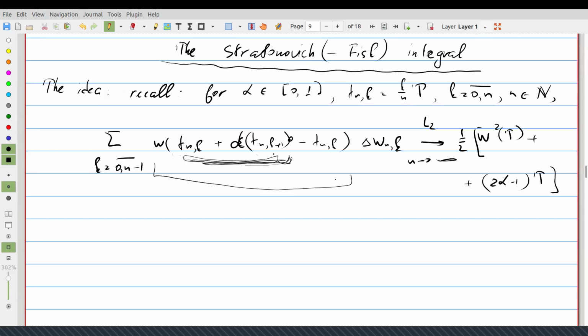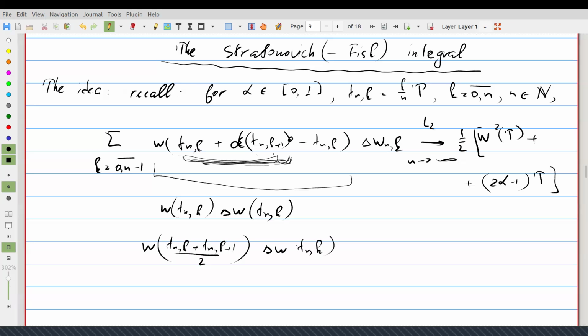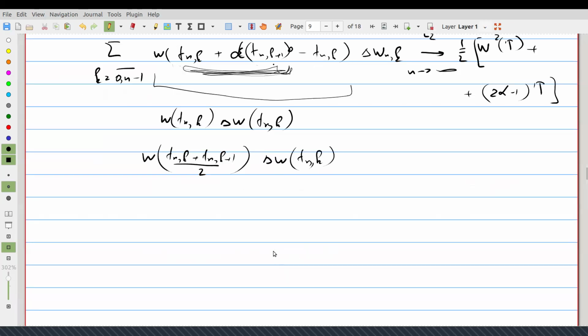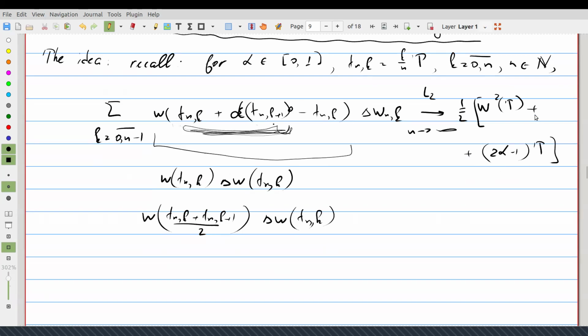But if alpha equals 1/2, we obtain the idea that instead of using W delta_k in our simple integrals, we can actually consider a different approximation. This still is going to be well-defined for obvious reasons. But this leads, even in the simplification, to an expression that is different from the Ito case.